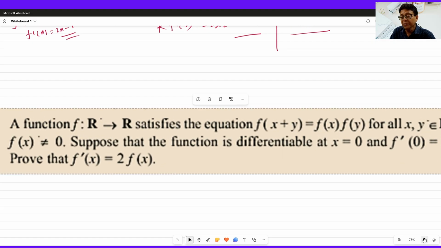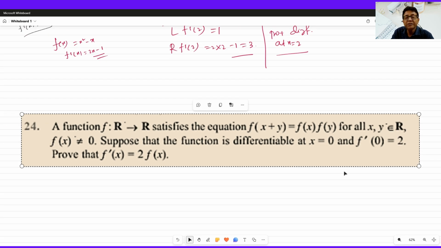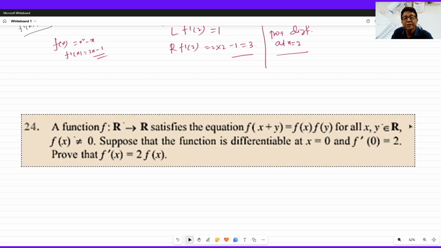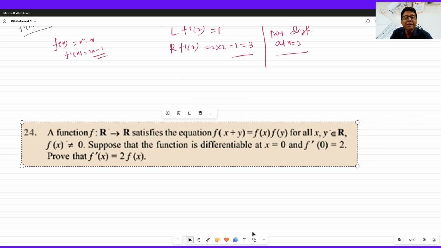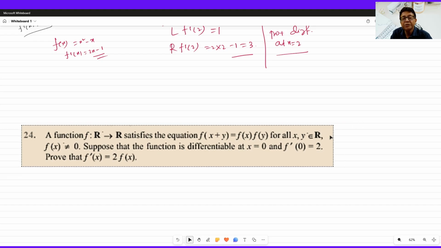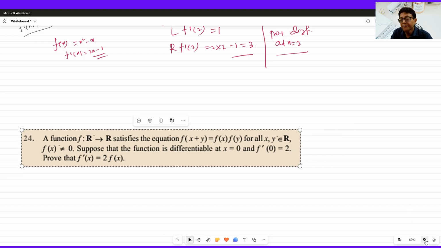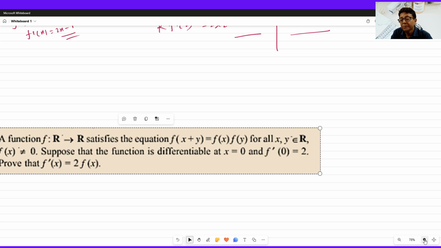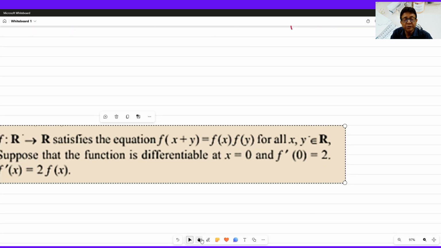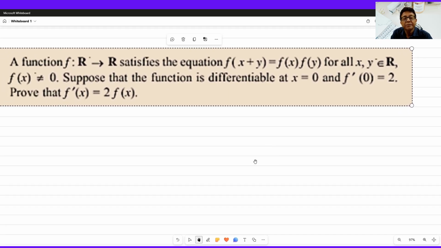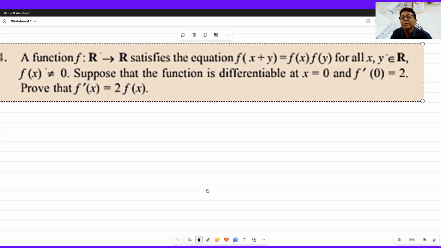It's the exemplar book problem: a function f from R to R satisfies the equation f(x+y) equal to f(x) into f(y), for all x, y belonging to R and f(x) not equal to 0.